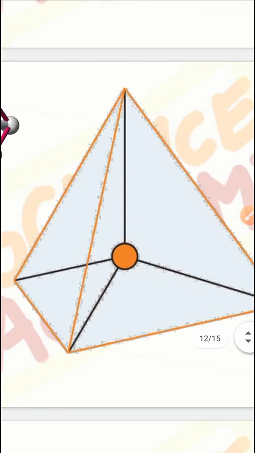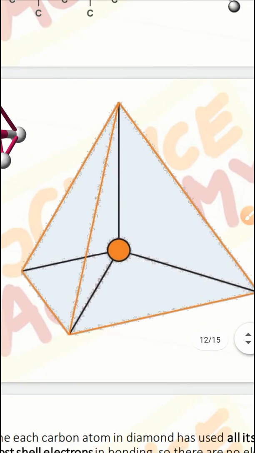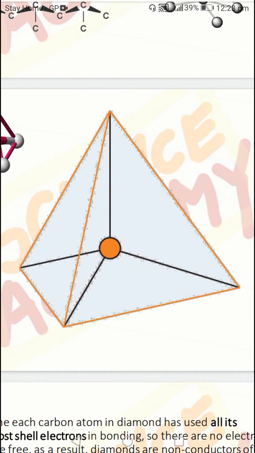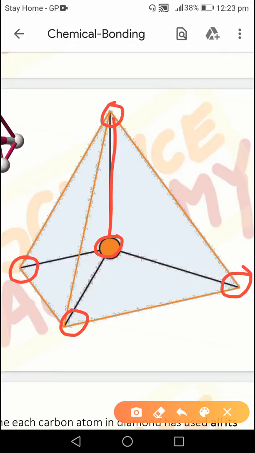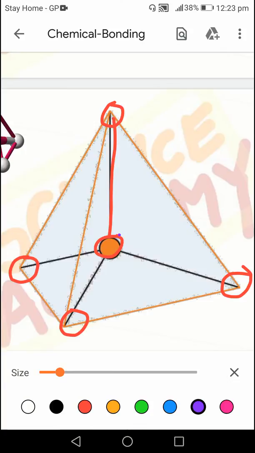Just look at this structure. This atom is forming bonds in 4 directions. Now you can imagine 4 different atoms here. So this single atom is forming bonds in 4 directions with 4 other atoms.